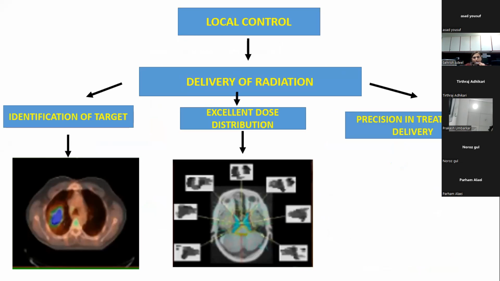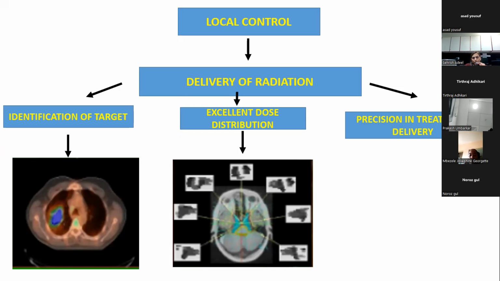In my next slide, you can see the local control of any tumor. We all know that when we treat a patient with radiation, the local control of the tumor depends upon multiple factors, like the biology of the disease itself, the dose of the radiation which we are delivering, and the third thing is the method of delivering radiation.